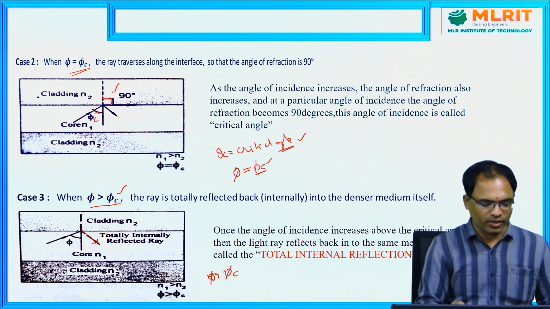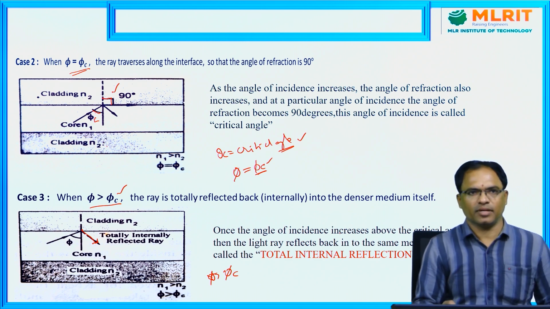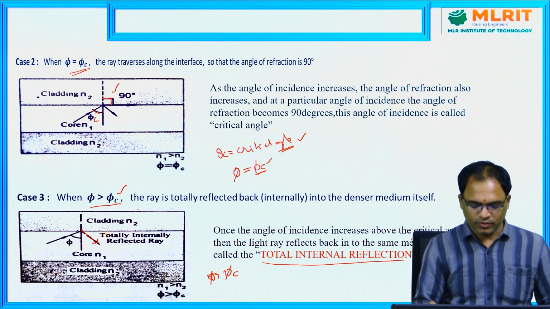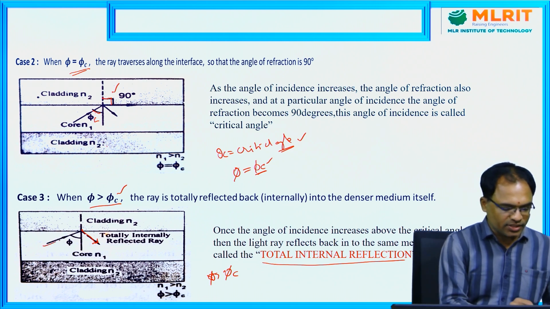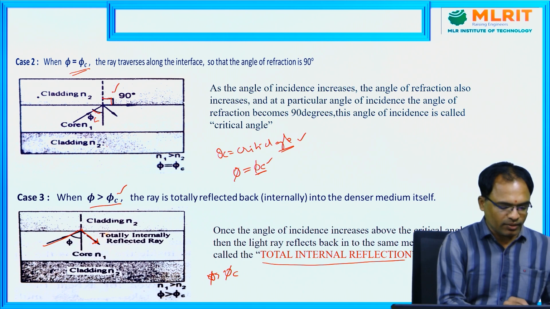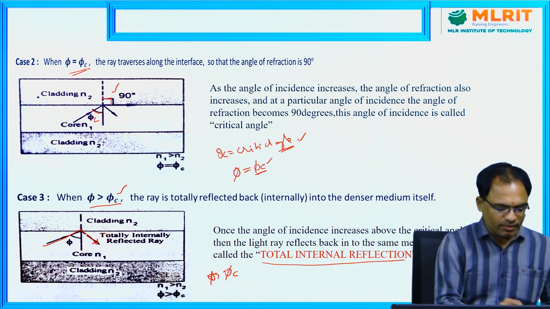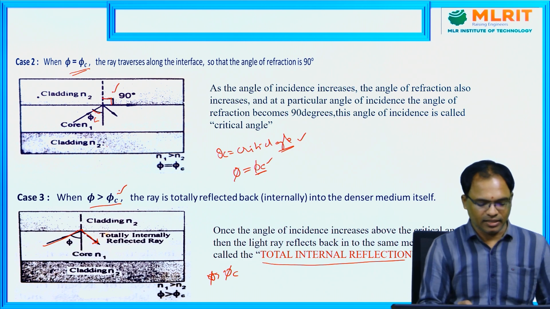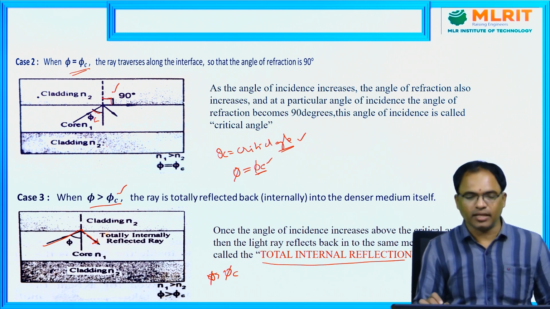This is what is called reflection, or particularly total internal reflection. So how do we understand this term? The total light falling on the core cladding boundary comes back into the same medium when the angle of incidence is greater than the critical angle. In that case, the process is called total internal reflection.